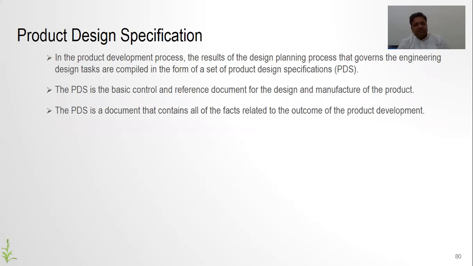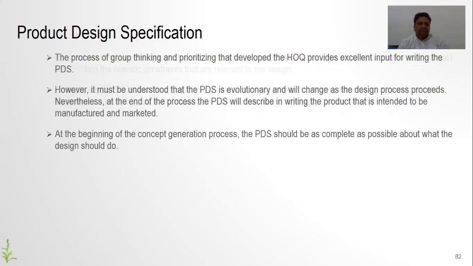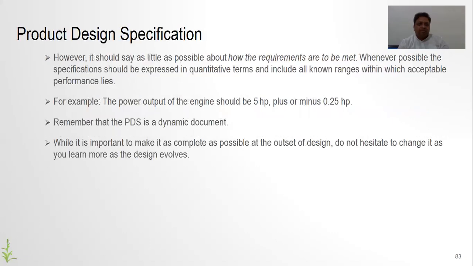Product design specifications. In the product development process, the results of the design planning process that governs the engineering design task are compiled in the form of a set of product design specifications. However, it should say as little as possible about how the requirements are to be met.